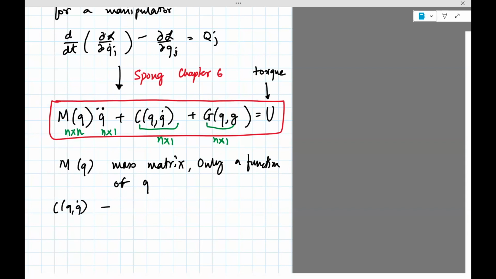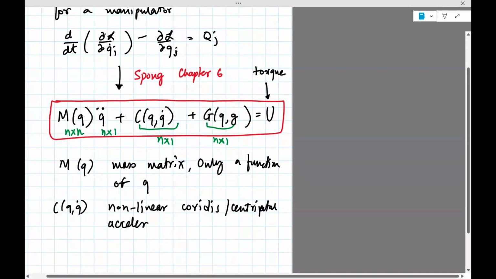C(q, q dot) is the nonlinear Coriolis and centripetal acceleration term.